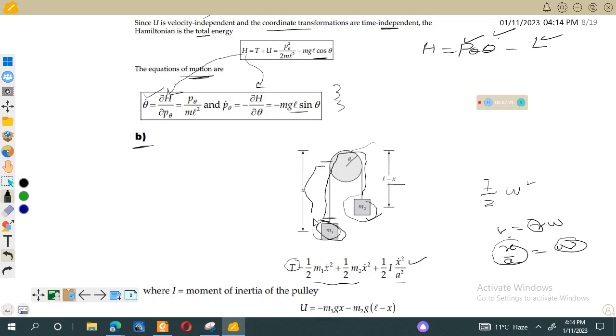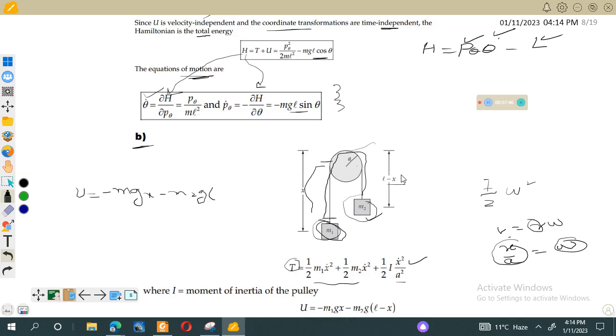Okay, and then potential energy. Potential energy for this block will be m1 g into this distance, so you know that potential energy is equal to minus m1 g x, and the second potential energy will be equal to m2 g height.